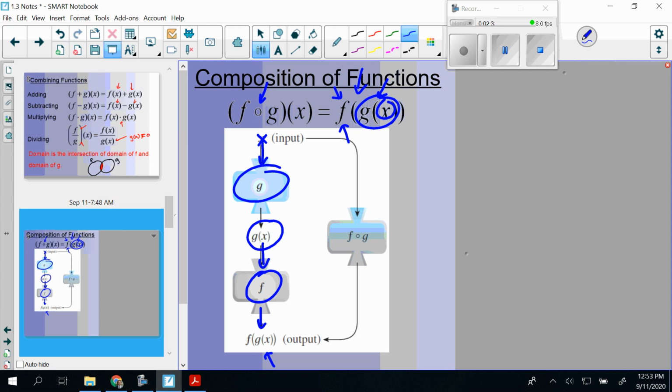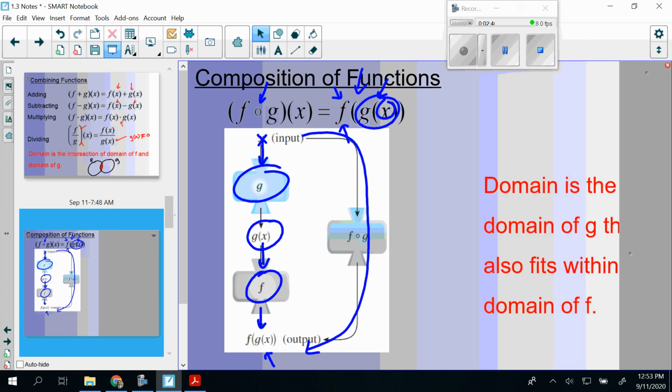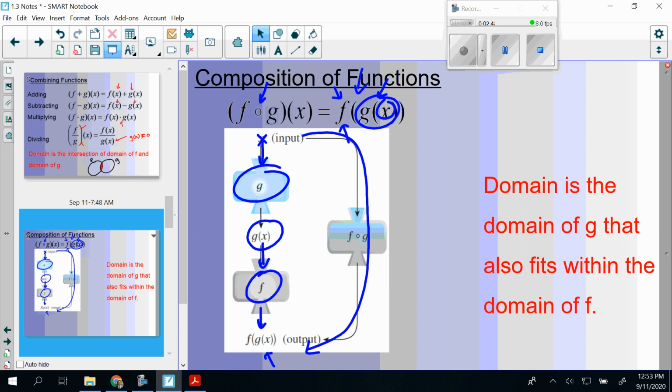So our goal, instead of having to go through two functions like that, is to come up with one function that can get us from that input to the output in one step rather than having to do it twice. Any of these, the composition, the domain of the new function is the domain of g that also fits within the domain of f.